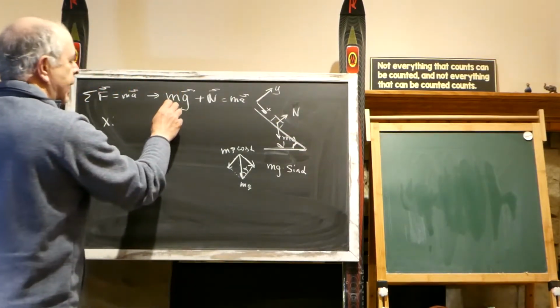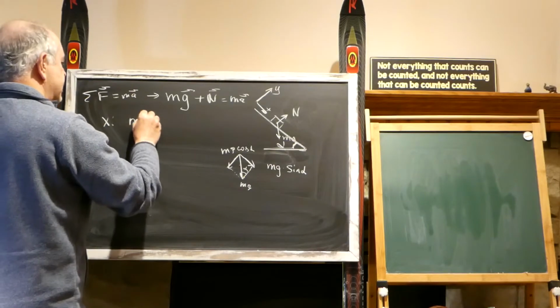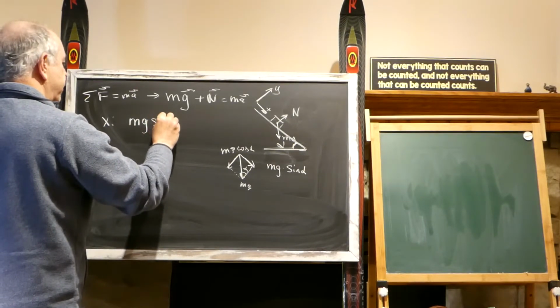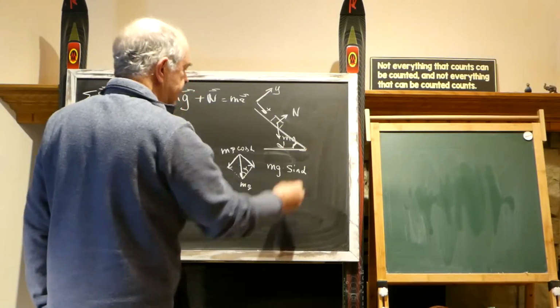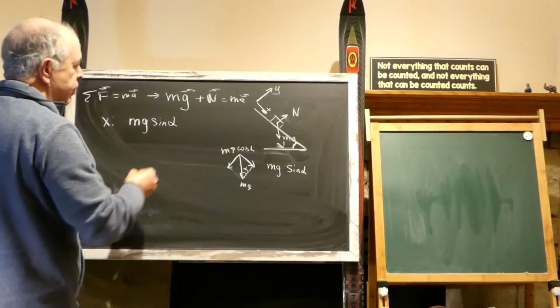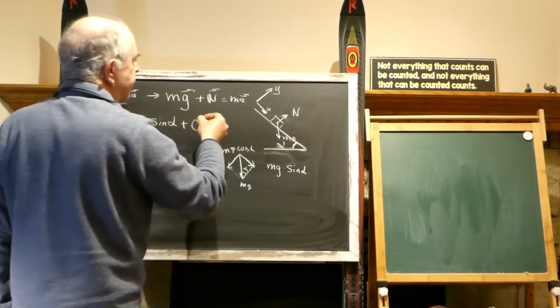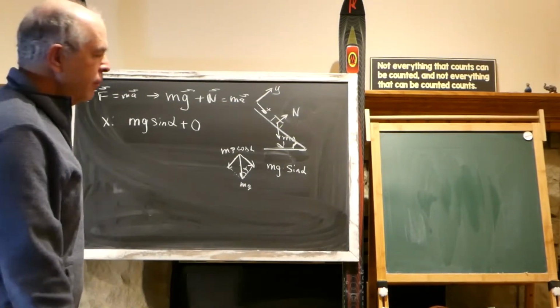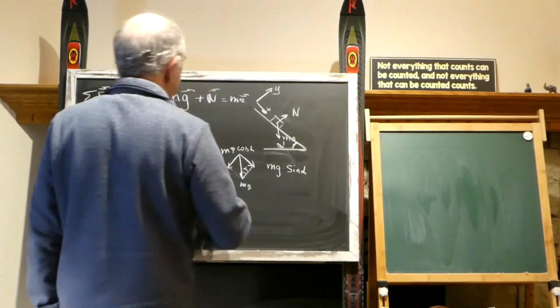So now we take mg and project it on x. And as I said, this is mg sine alpha. And as you see, mg sine alpha is directed along this line in this direction, so it's positive. Projection of N on this axis is 0. That's the magic of our coordinate system, because we make this perpendicular to the surface.